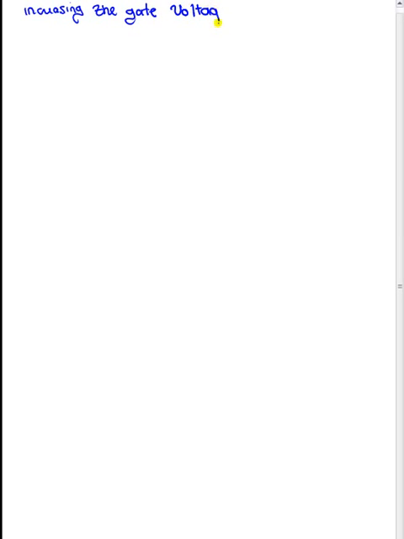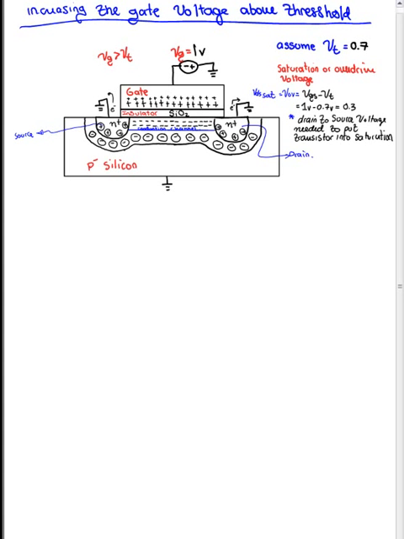So increasing the gate voltage, that's the next case. And so let's draw the model. Okay, so how are we biasing this device? So right now the gate voltage is more than the threshold voltage, assuming that the threshold voltage is 0.7, just a value that I choose, right?